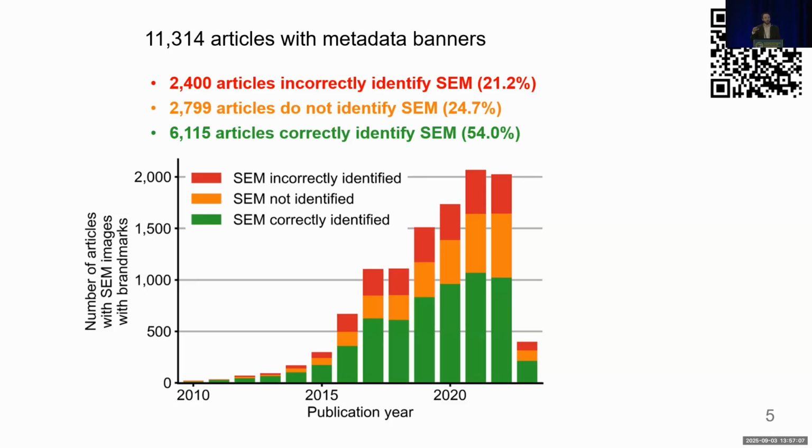And among them, around 2,800 did not identify the SEM that they had used in text at all, and 2,400 misidentified the SEM that was in one or more of their figures. Among those, the vast majority misidentified both the model and manufacturer of the instrument that was used.